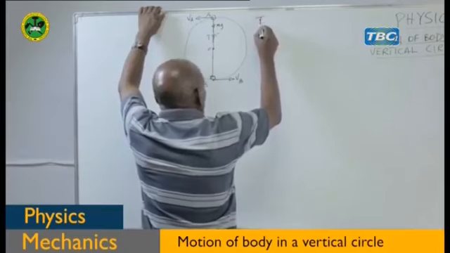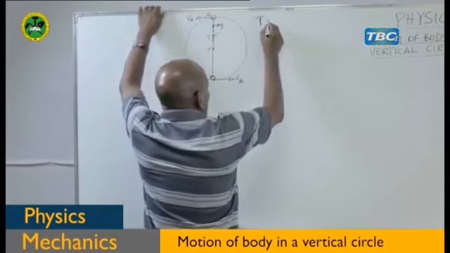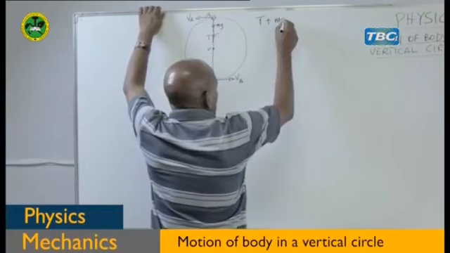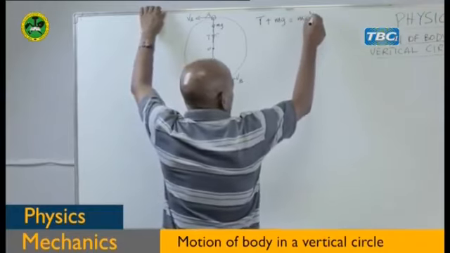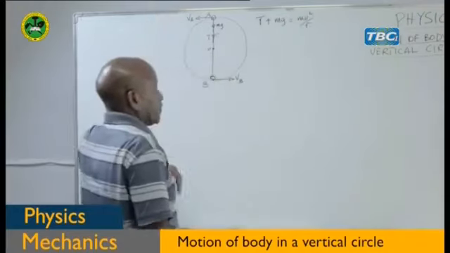That is, the tension T at the top plus mg is equal to mv squared over r.